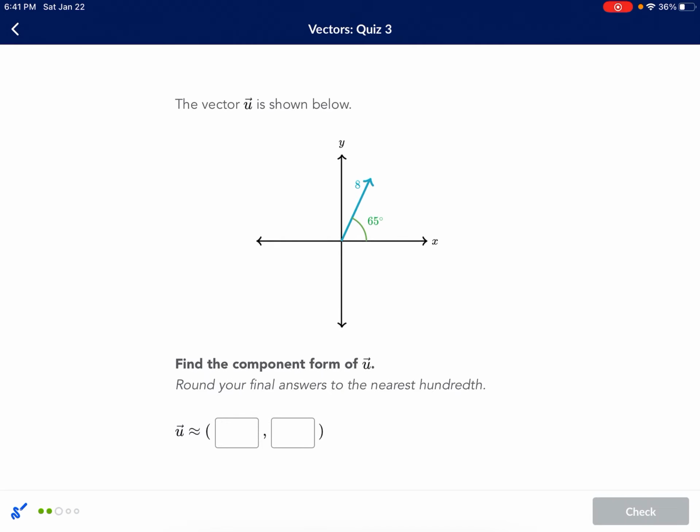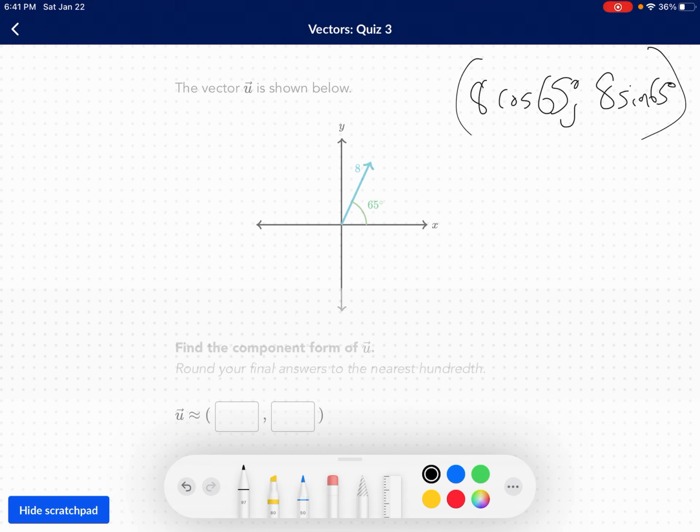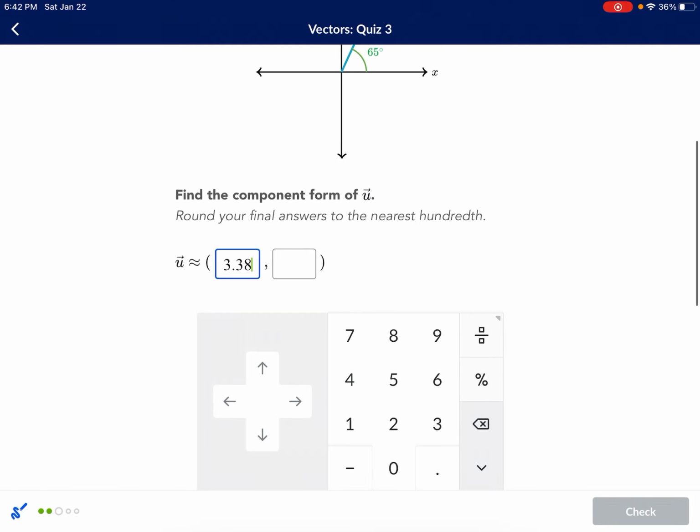Find the component form. This is basically what we did, but simpler. 8 cosine 65 degrees and 8 sine 65 degrees is our component form, which is approximately 3.38 and 7.25.